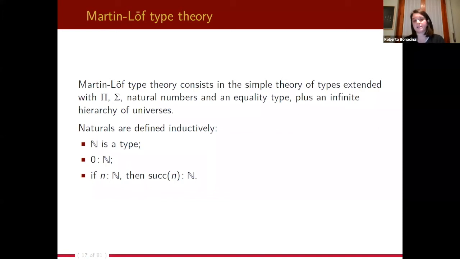So natural numbers are defined inductively, as one could expect. We say that N is a type, that 0 is a term of type N, and that if n is a term of type N, then also its successor is.